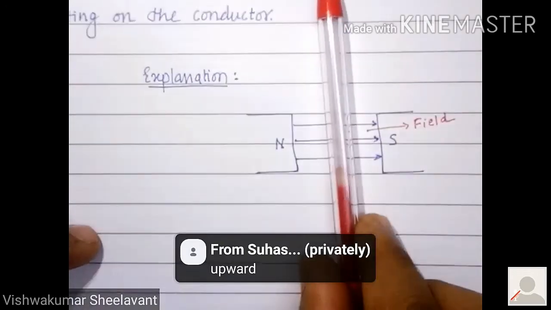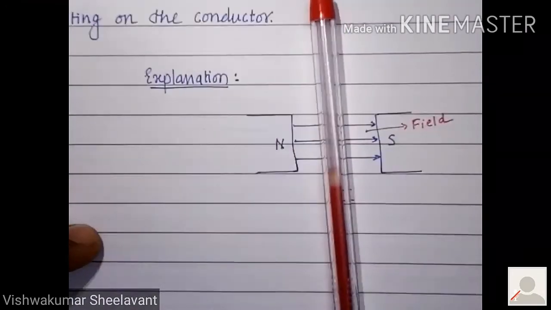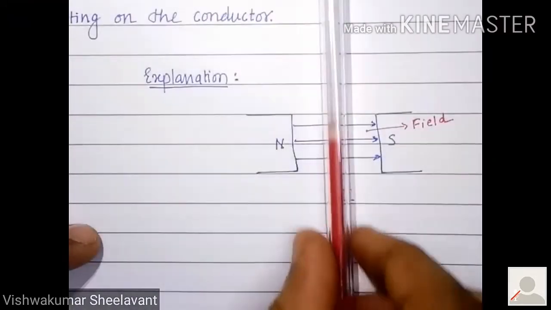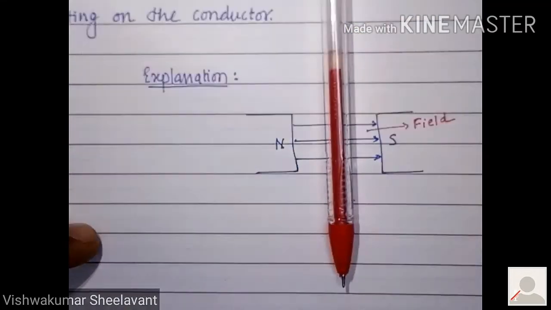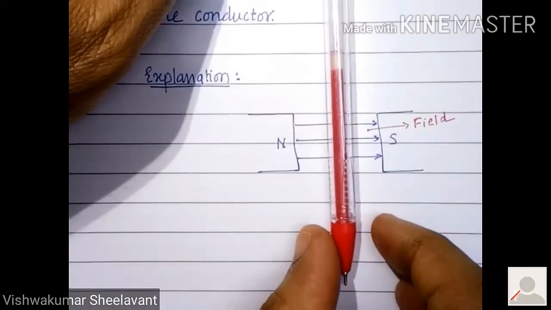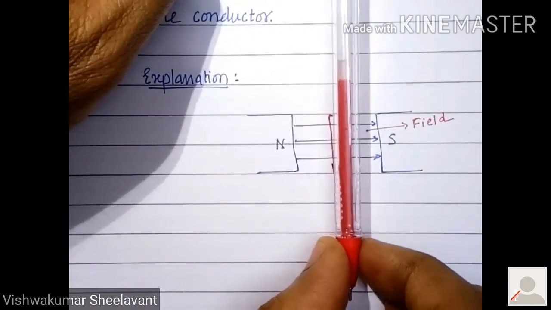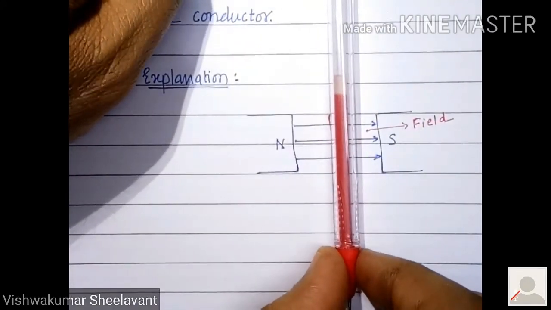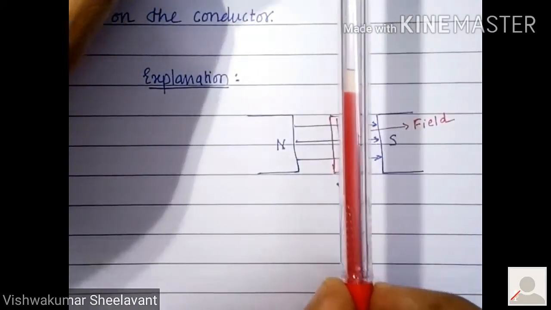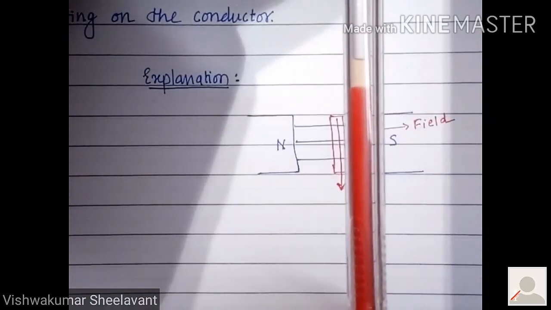If I place one conductor like this in this magnetic field such that current is flowing downward, then this conductor will come out of the magnetic field like this.